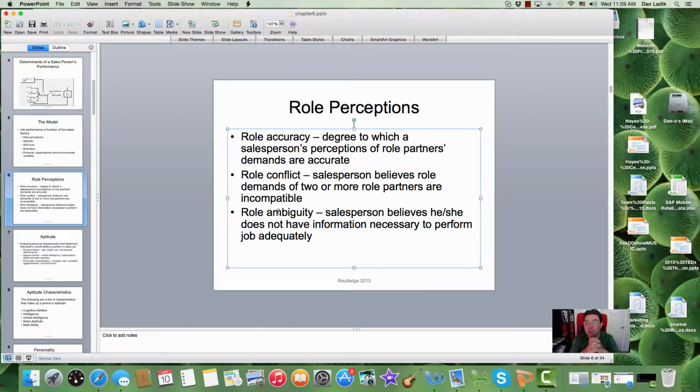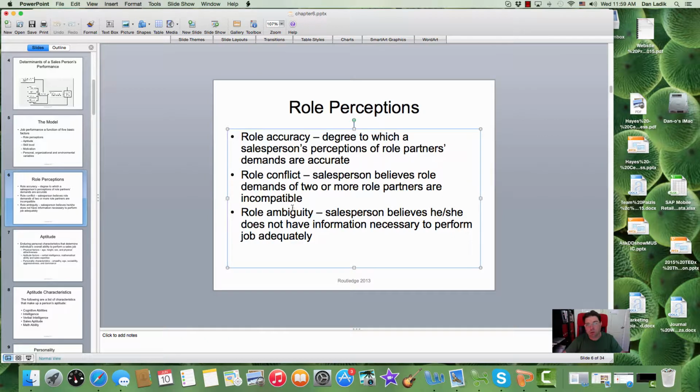Role ambiguity is when the roles are not defined well at all. There's too much gray area and the salesperson doesn't know what he or she should be doing. So conflict and ambiguity, those 2 are role inaccuracy.